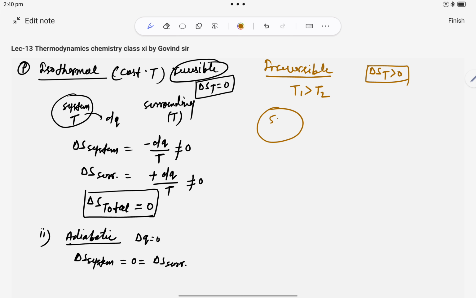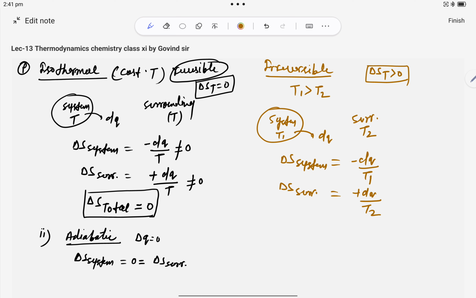So here the system at temperature T1 releases dq heat to the surrounding at temperature T2. Delta S of system is equal to minus dq upon T1. Delta S of surrounding is equal to plus dq upon T2.